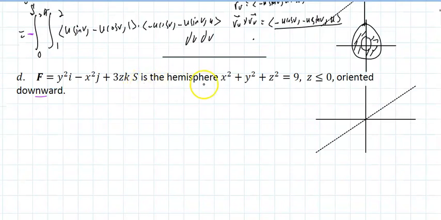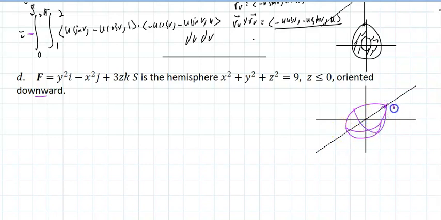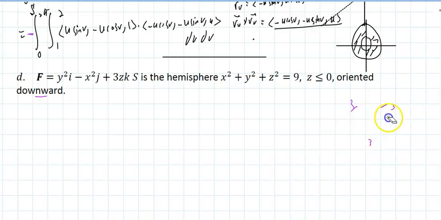Well, let's see what S is. S is the hemisphere, so the bottom half. So it looks something like this, in which this is 3, 3, and that's a 3. Right? So it's better to do it this way. I can never get it straight that way. There.